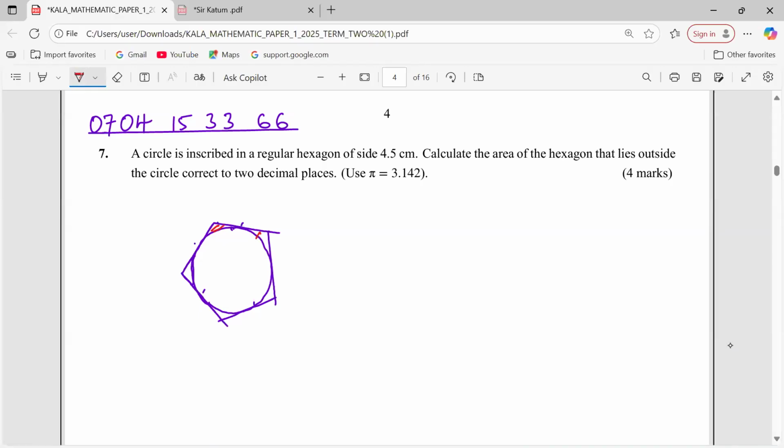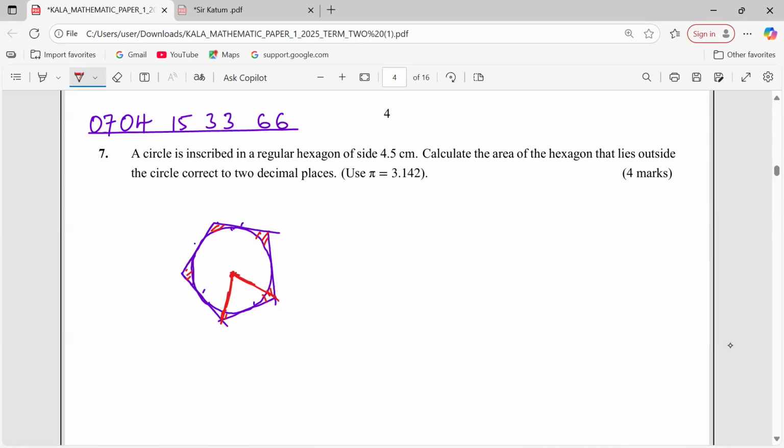The area lying outside the hexagon. So now what we need to do, ladies and gentlemen, is to ensure that we divide the area such that we can get the whole hexagon minus the circle.